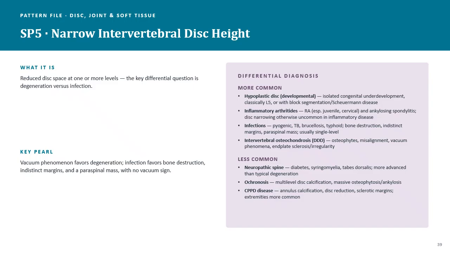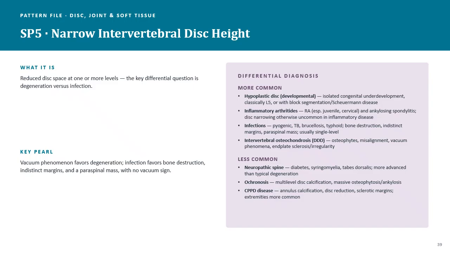So that's the top or the bottom of the disc. We also might see something called a vacuum phenomenon. Now, the vacuum phenomenon basically means that we have some gas that's collecting inside of that disc. And that gas collecting inside of the disc on an X-ray looks like a dark area. If we see that, it suggests that there's some sort of degeneration happening there. Infection, if we're seeing that, looks a little bit different.